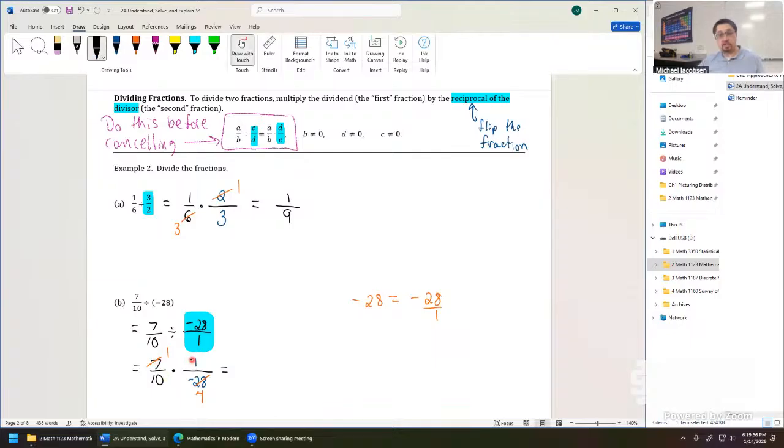Now we're multiplying across the top for a positive 1. We're multiplying across the bottom, but it's going to be a 10 times 4 times, well, there's a negative there, which officially is a negative 1. So we'll get to negative 40 in the denominator. So the answer is 1 over negative 40. But there's a lot of different ways to write this.